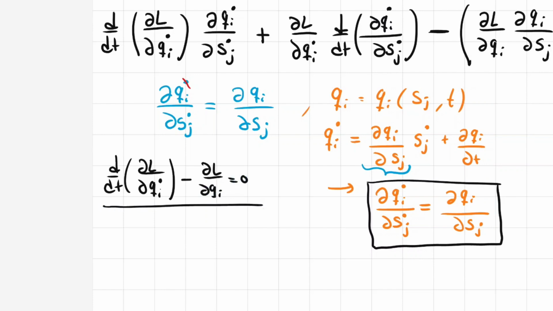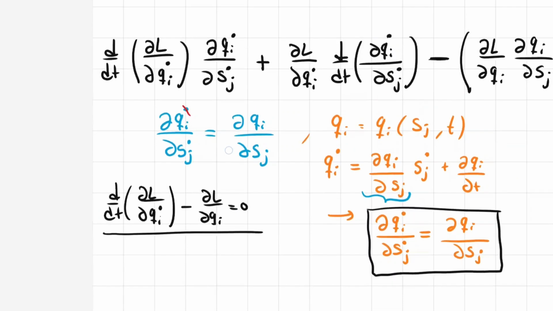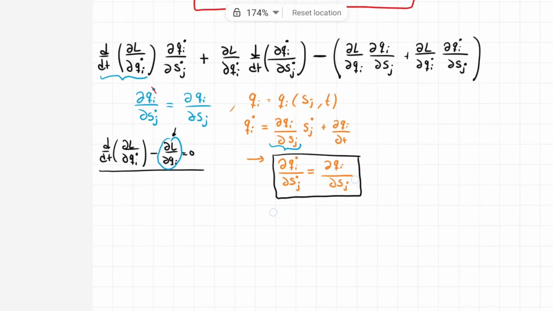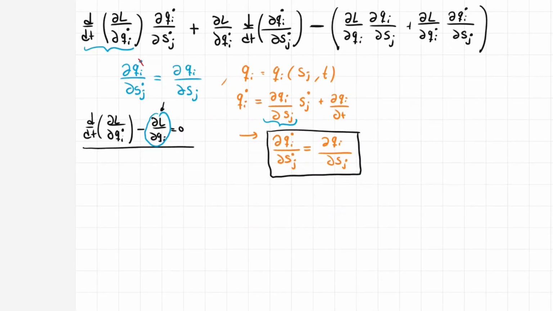So this equation is telling us that this element can be transformed into this element that we have here, right? It is equal to this element.